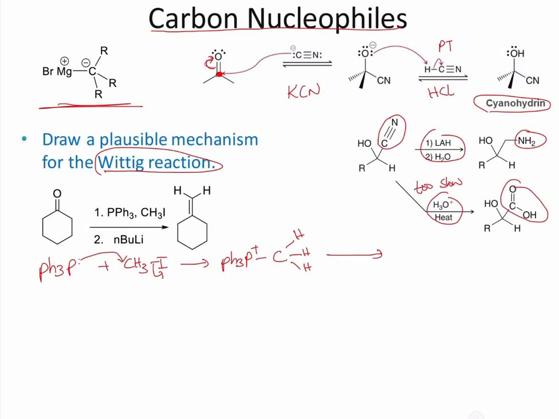So we do a proton transfer. So butyl lithium, with its minus charge stabilized by lithium, is going to pick that proton, and we end up with Ph3P=CH2.